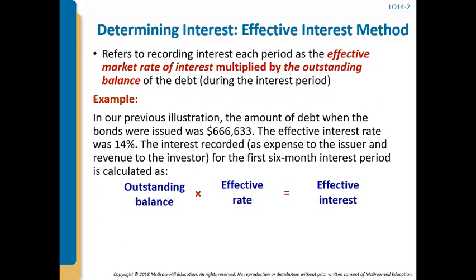And notice at the end of the sixth period, the outstanding balance is the same as the face amount of the bond, $700,000. Well, that's because the contra liability account, if you will, discount on bonds payable, has been reduced to zero. Okay, so pretty simple calculation.